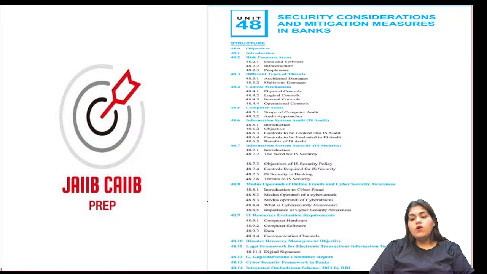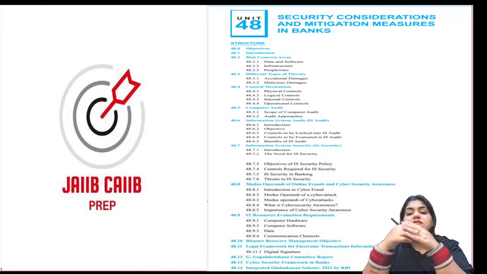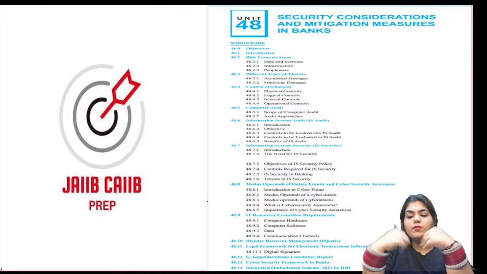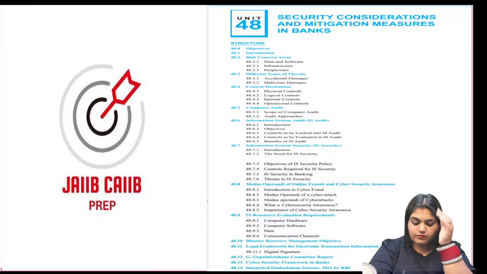How to save our bank, the transactions and the data that we have from cyber attacks and frauds. The internet is the greatest advantage to humankind. But with the benefits of the internet come the pains, the hacks, the technology misuses, right? So what these technology misuses are is given under unit 48.